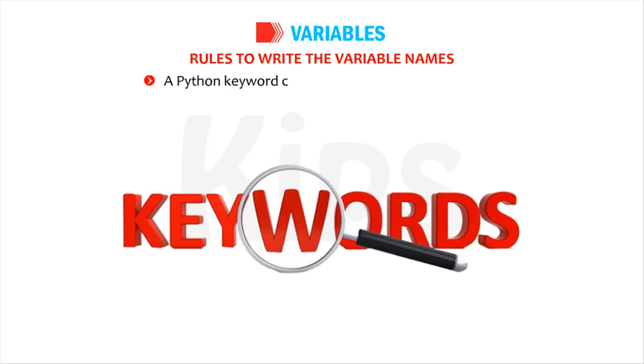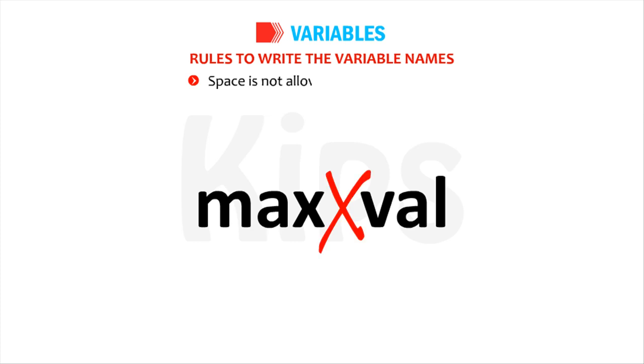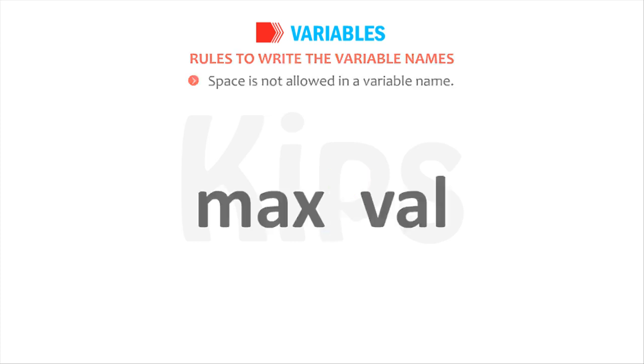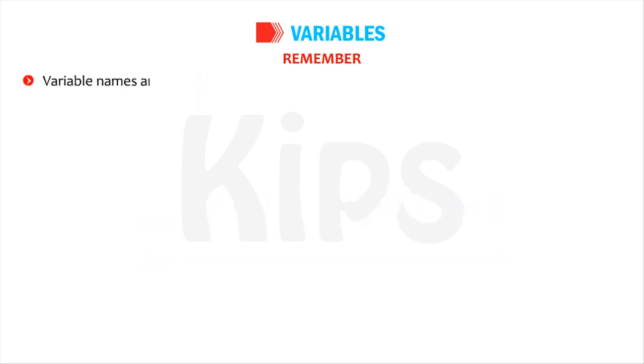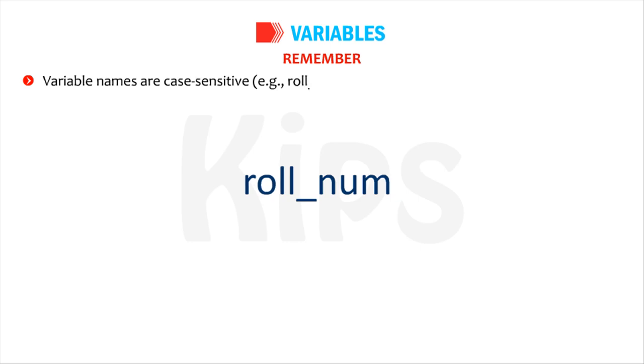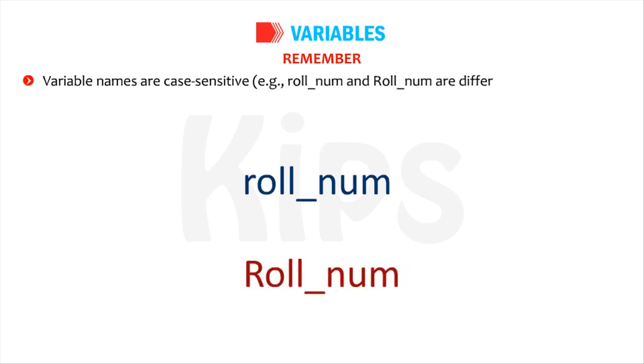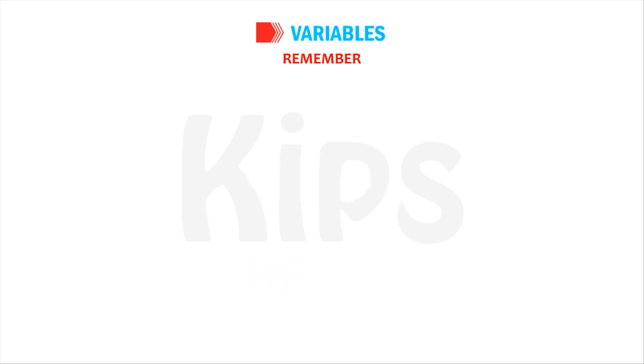A Python keyword cannot be used as a variable name. Space is not allowed in a variable name. Remember, a variable name can be of any length. Variable names are case sensitive. Example, rollnumber and RollNumber are different variable names.